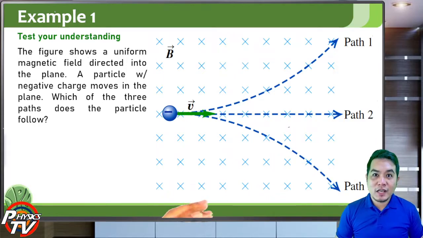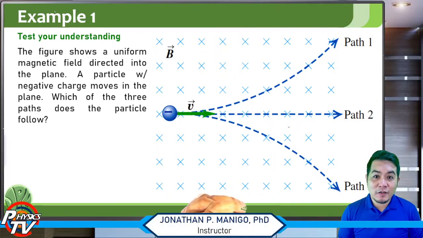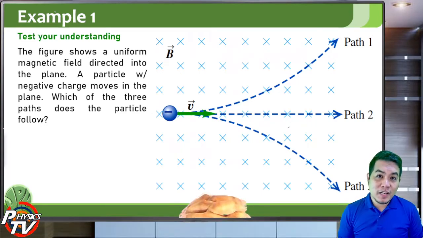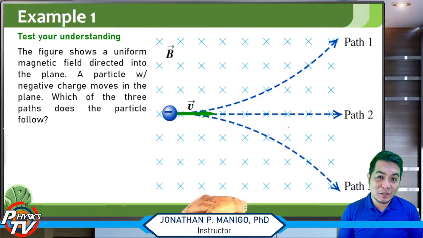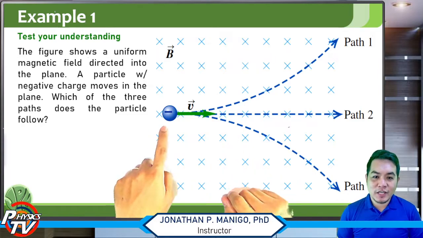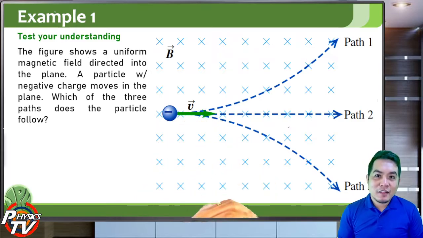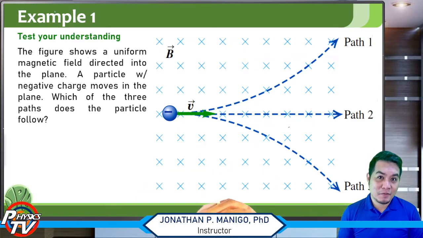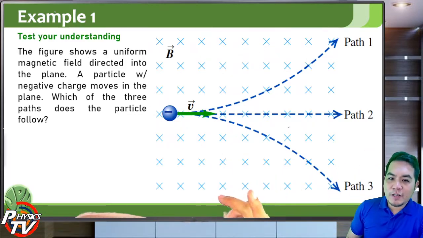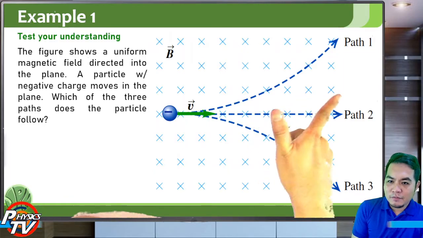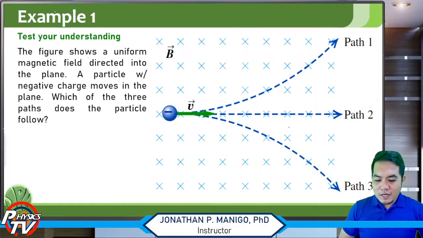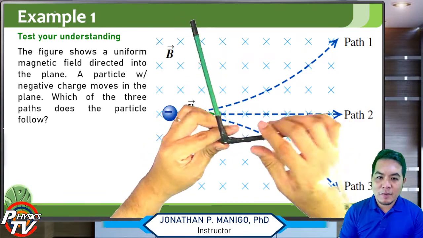By the way, the only way that the magnetic force will be zero is when V cross B is equal to zero, and that happens when the velocity and the magnetic field are parallel to each other. So if this charge is moving into the page in the same direction as the magnetic field, then it will experience no magnetic force since V cross B is zero. So V, velocity, is our pointing finger, and the magnetic field is into the page.